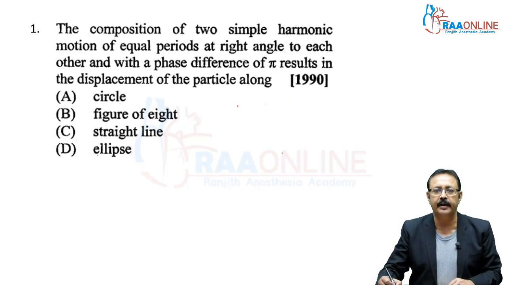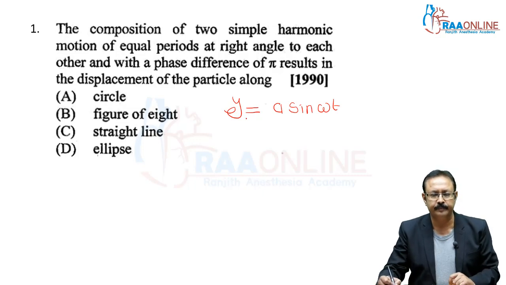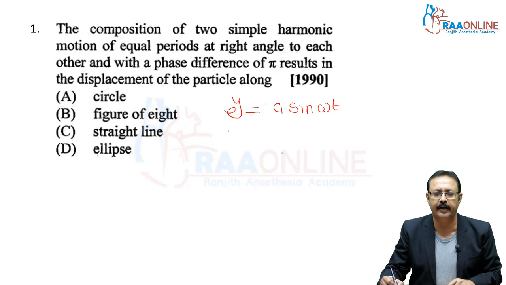We know that the equation of simple harmonic motion is y equals a sine omega t. It is one simple harmonic motion. The other is at right angle, meaning if one is moving along the y-axis, the other should move along the x-axis.